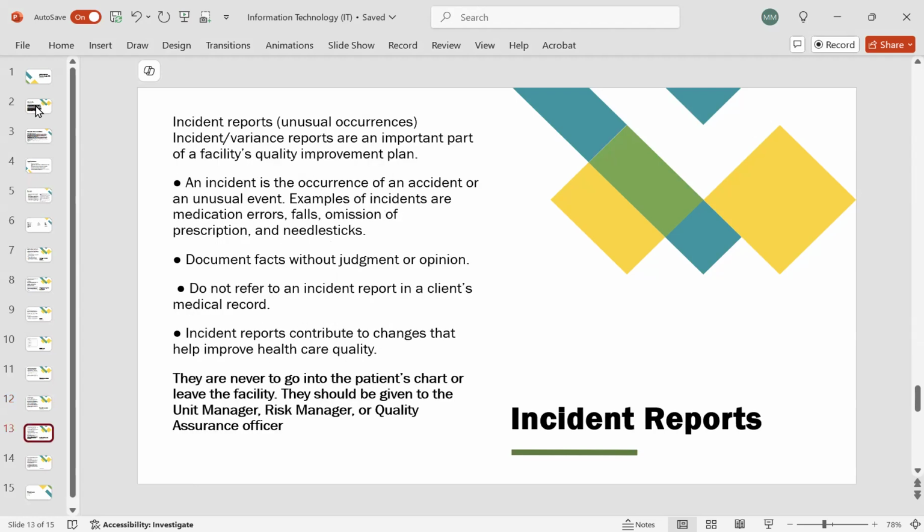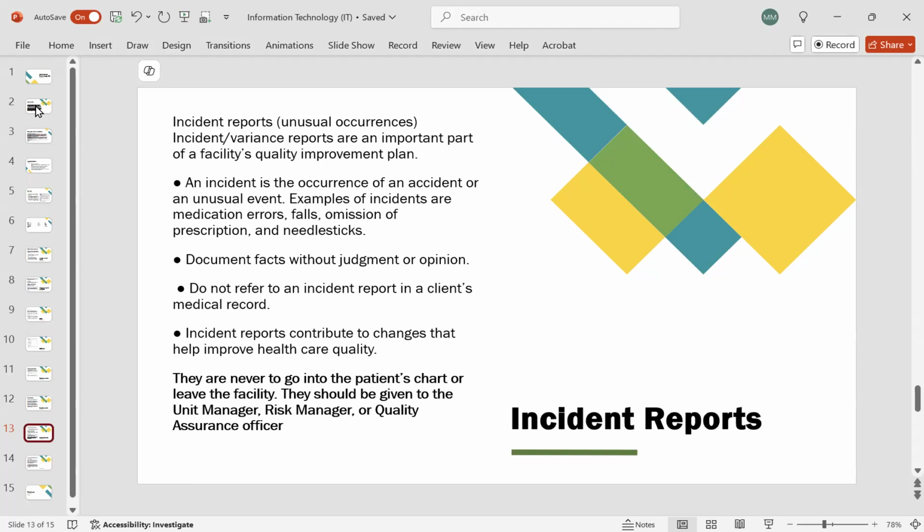Okay. And then incident reports, and this is important. I mean, everything in this PowerPoint is important because these are all board questions. So again, I cherry pick. Incident reports: when something happens that's unusual to either a patient or an employee or a visitor, any of those three things, then an incident report is usually completed.